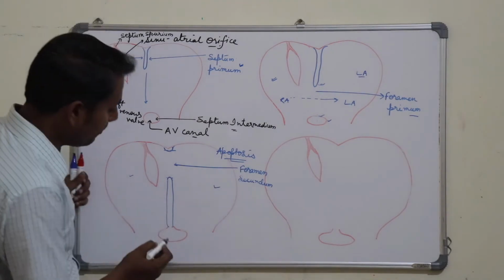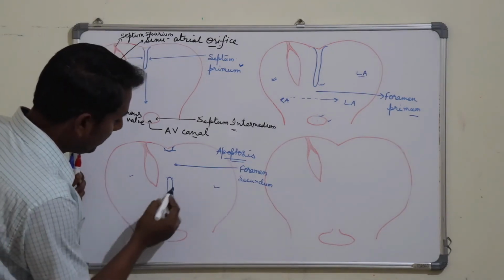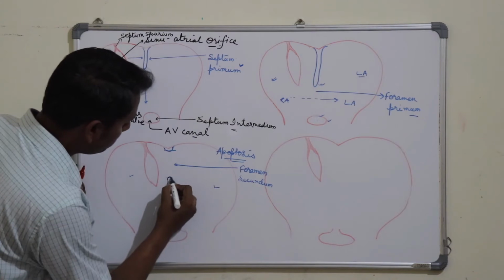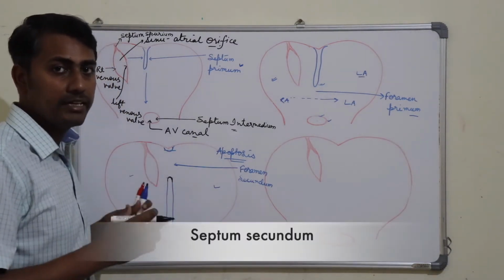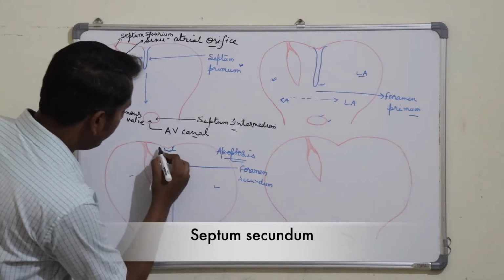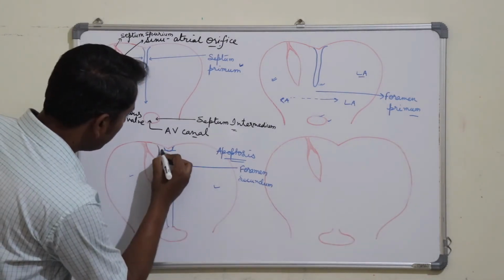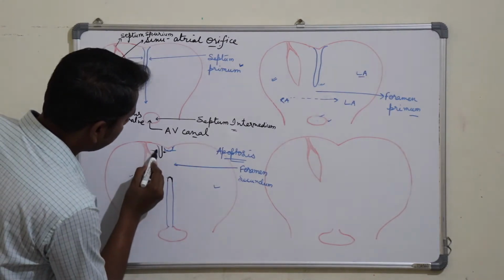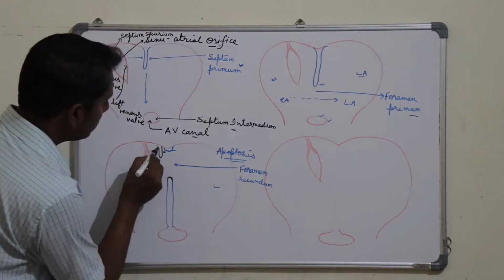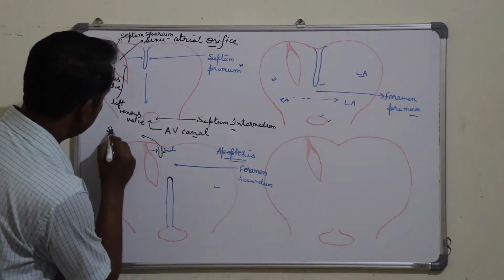Now we can see that the remaining lower part of the septum primum has a free upper edge. Now a second septum known as septum secundum will arise from the roof of the atrial chamber just to the right of the septum primum and to the left of the septum spurium. This was the septum secundum.